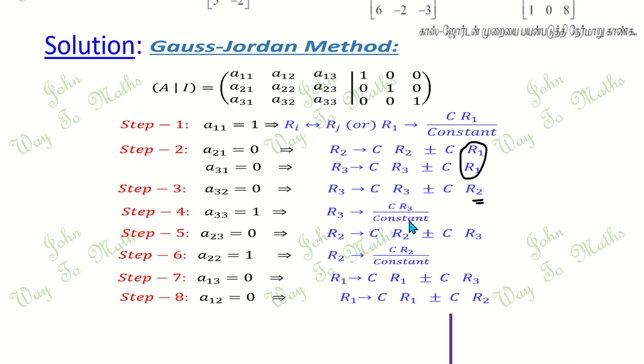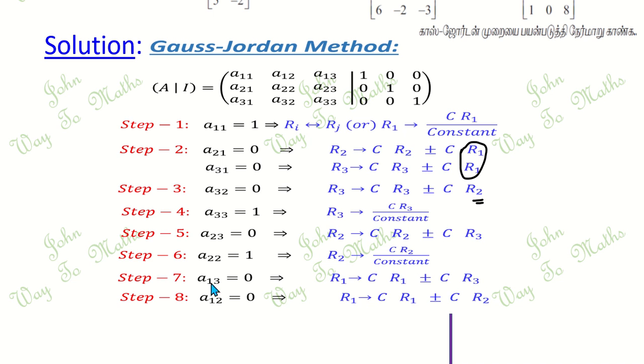Step 5: a23, the second row third element, becomes 0, so we add or subtract row 3 with some constant to row 2. Step 6: a22, the second row second element, must be 1, so we divide the entire row by some constant.